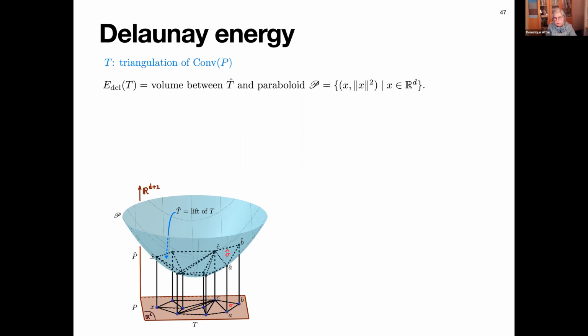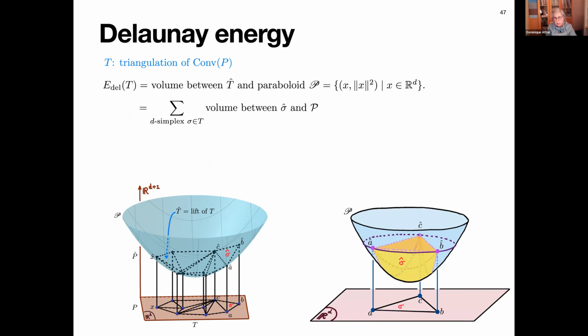So to compute this volume, you can start by considering a 1D simplex, the lift of this 1D simplex, and compute the volume between the lifted simplex and the paraboloid. And you sum up over all these simplices in your triangulation.